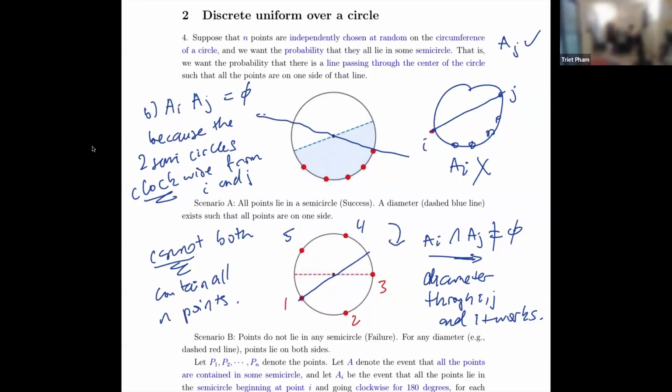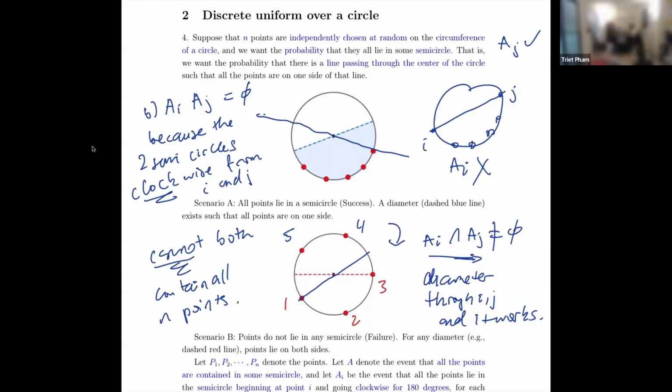Because if you have two different points and you look at the clockwise semicircle from them, they at the very least do not contain each other. If you look at the semicircle from J and the semicircle from I, they do not. So there must be some points that are missing. Do you understand? Any question?